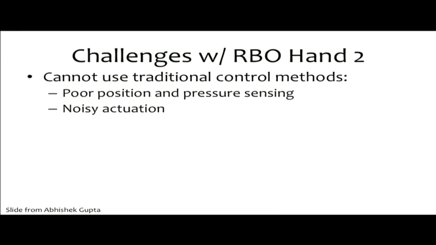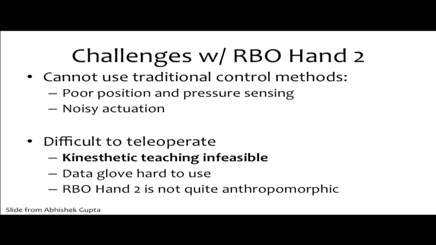But some of the challenges is that you can't use traditional control methods with this because you have very poor position sensing and pressure sensing of where actually the fingers are, and there's very noisy actuation of how you actually control the fingers of this hand. And beyond that, it's also difficult to teleoperate, so you can't use kinesthetic teaching with this approach.